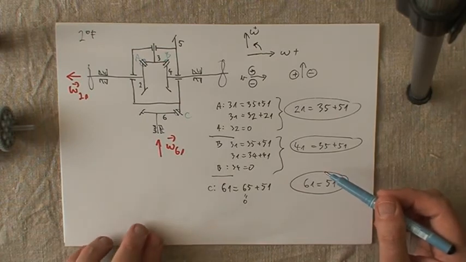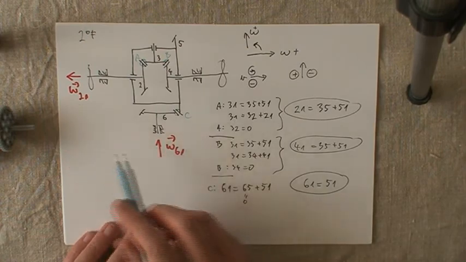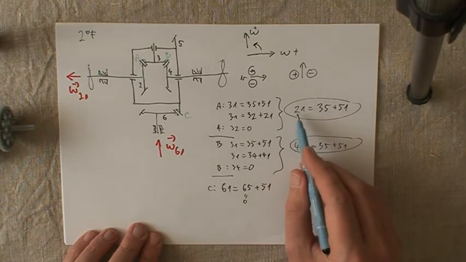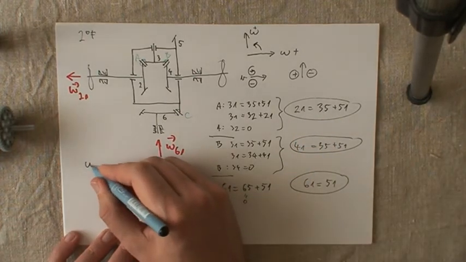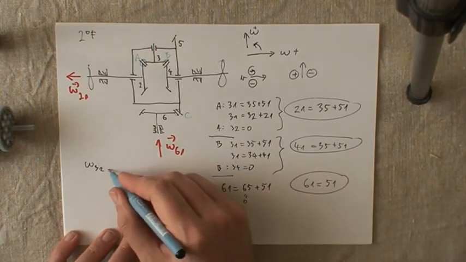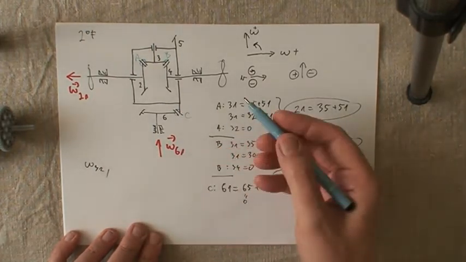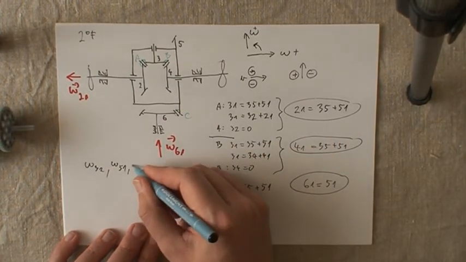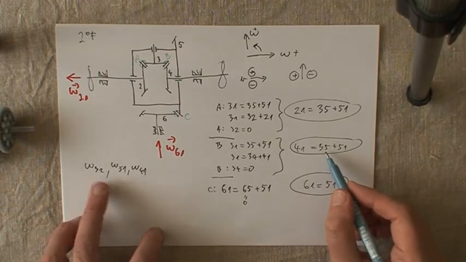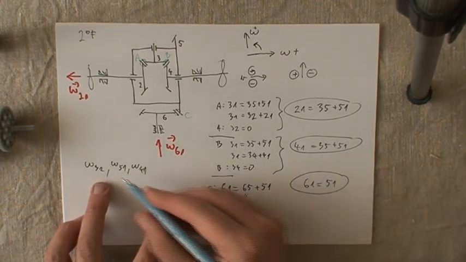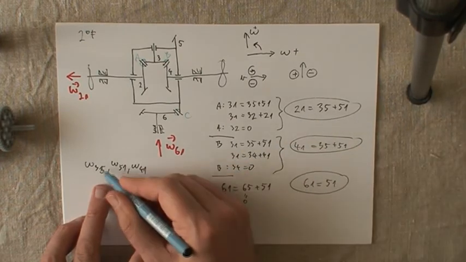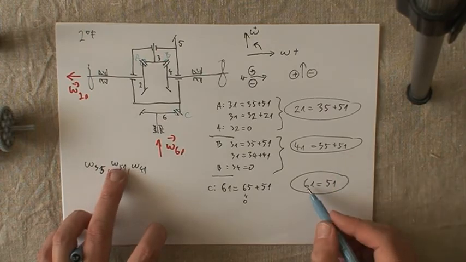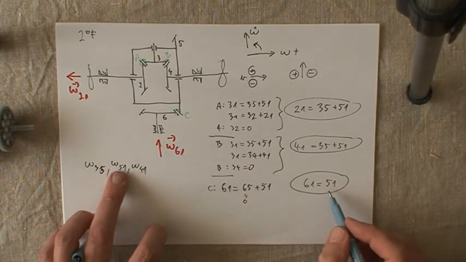What's the number of unknowns? Well, we know omega 2,1 and omega 6,1. 3,5 we don't know, so omega 3,5. 5,1, no idea. 4,1. 3,5 already there, 5,1 already there, 6,1 given.